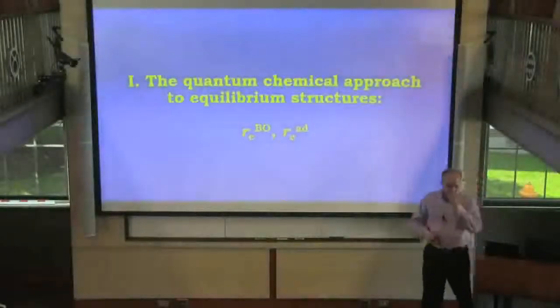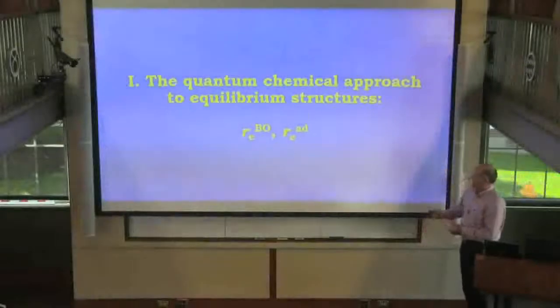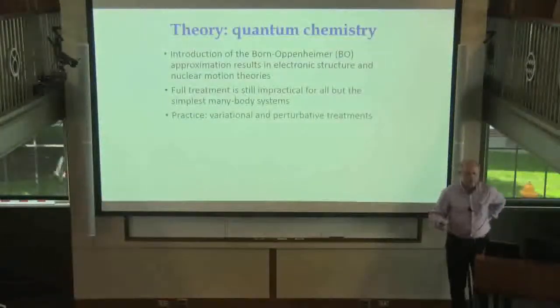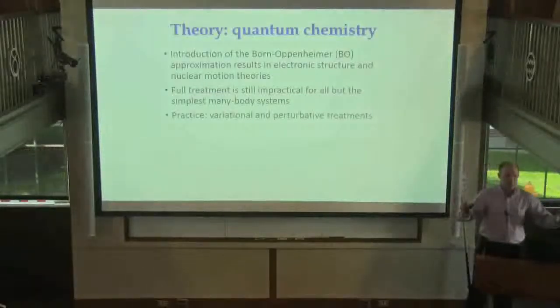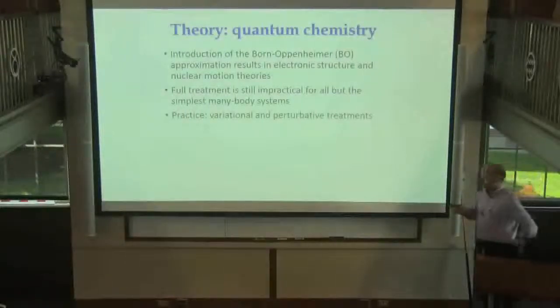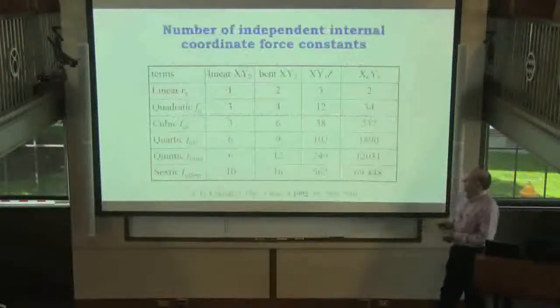Okay, so let's talk about quantum chemical determination of equilibrium structures, Born-Oppenheimer and adiabatic equilibrium structures. So quantum theory would be, I do use the Born-Oppenheimer approximation and use high levels of electronic structure theory, either variational or perturbative or quasi-variational like the coupled cluster theory.